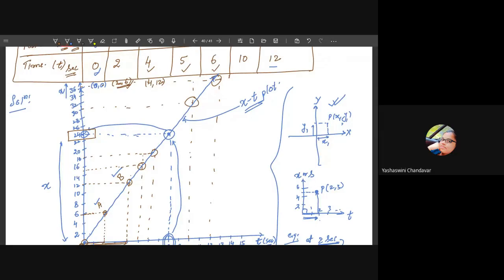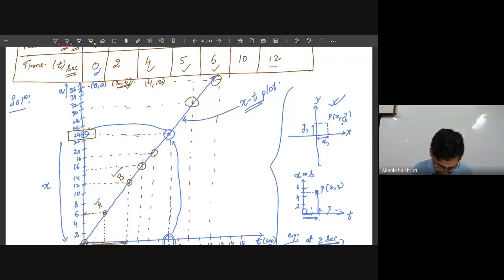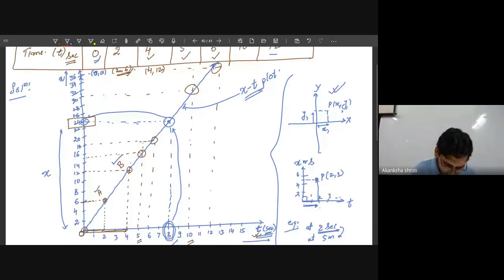Yes, sir. Okay, student. So this way I had plotted the given position of the object in the position time or displacement time graph, in which on the vertical axis we have the position x and along the horizontal axis we have the time t. So while t is varying, position is varying.